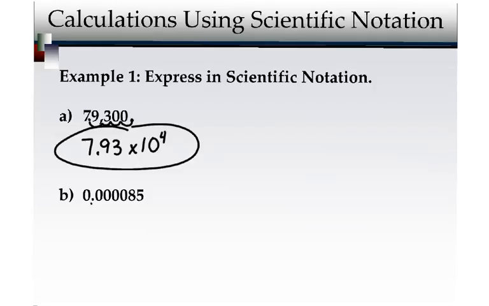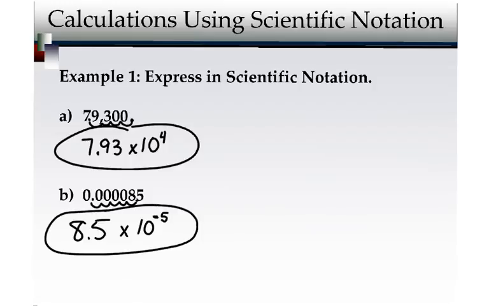So let's move this one over 1, 2, 3, 4, 5 decimal places. So 8.5 times 10 to the negative 5th is what happens. So that right there is writing both of these numbers in scientific notation.